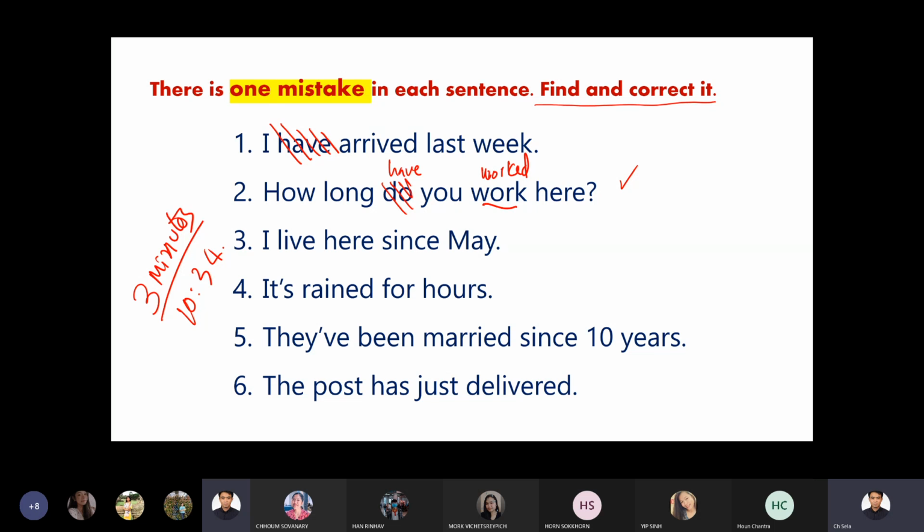Okay, now number three. I live here since May. What is the problem with live? Extra D. Yeah, this is past simple. If past simple, you should say in May, not since. But if you add d here, what do you add one more?